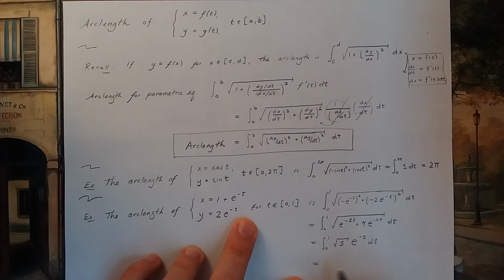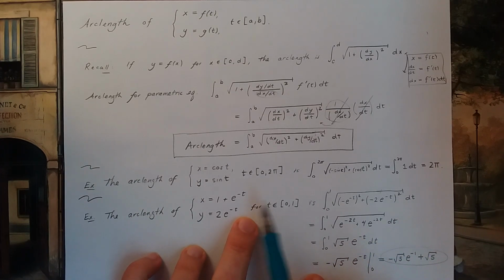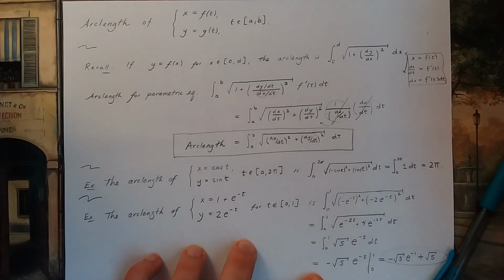Finishing up the problem, integrating, I get negative square root of 5 e to the negative t evaluated at 1 and 0. So plugging in 1 gives me negative the square root of 5 e to the negative 1, and then subtracting and plugging in 0 gives me plus root 5. Remember, e to the 0 is equal to 1. So there's the arc length of this parametric equation. Okay, fantastic.